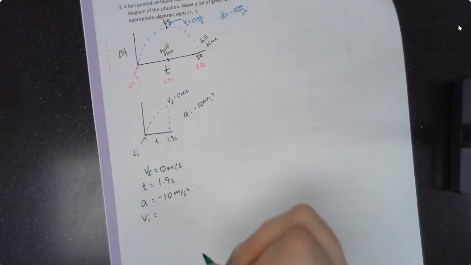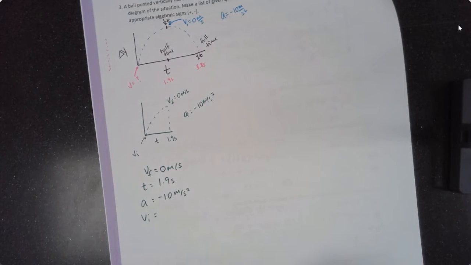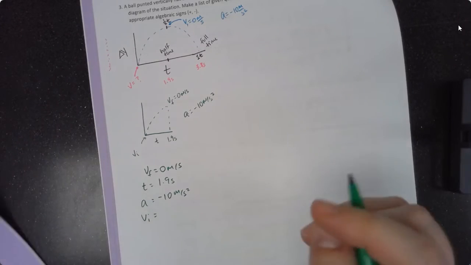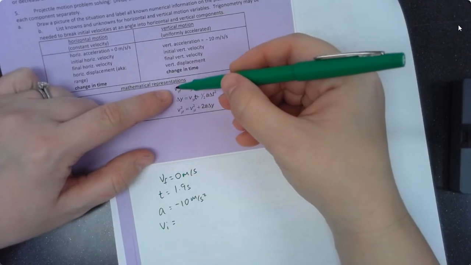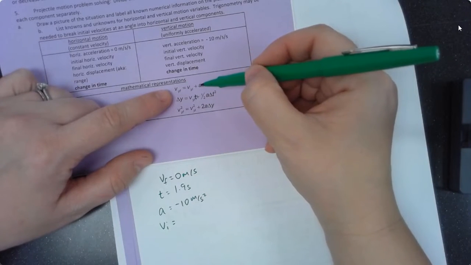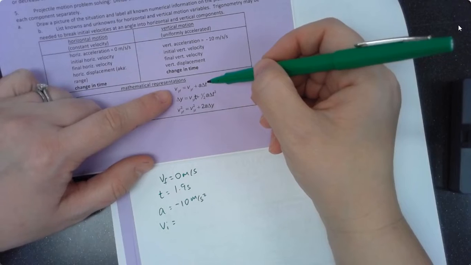So if we refer back to our equations, do we have enough information? We've got final velocity, initial velocity, acceleration, and time. So we're just going to use this first equation from our equation sheet.